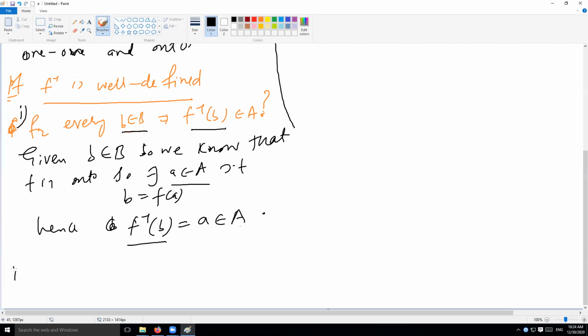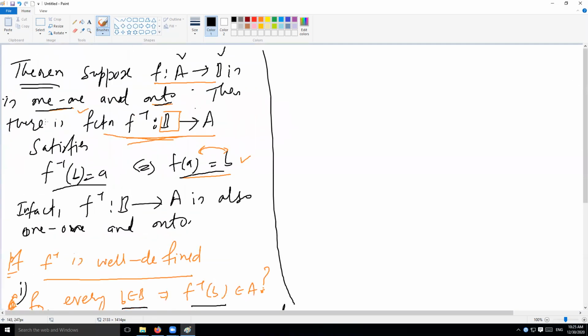Okay, my brother, is this making sense? So the last step is that you have to keep in view that you have been given that whenever f of a is equal to b, you can say that f inverse of b is a. And whenever f inverse of b is a, f of a equals b.